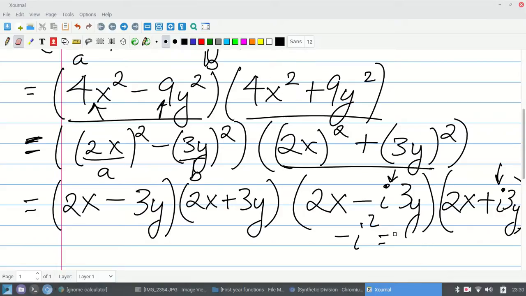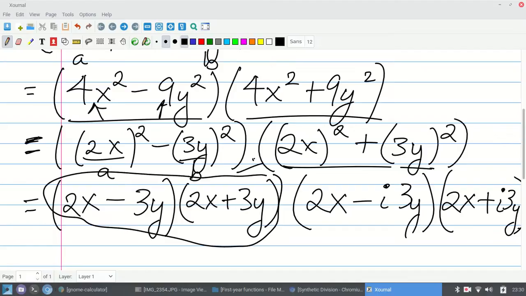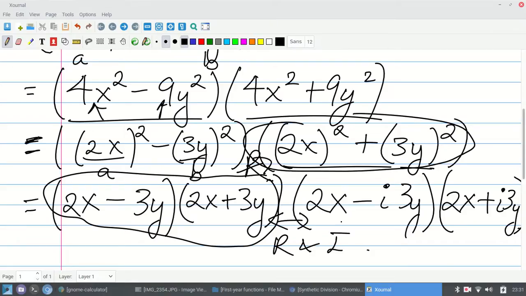I want you to try that, okay? So that's what I get for the fully factored form for this equation if there are complex imaginary numbers. If not, then it's this with this, okay? So this is for real numbers, this is for real and imaginary, okay?